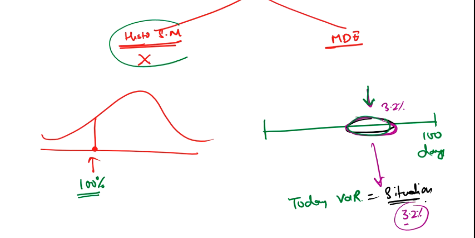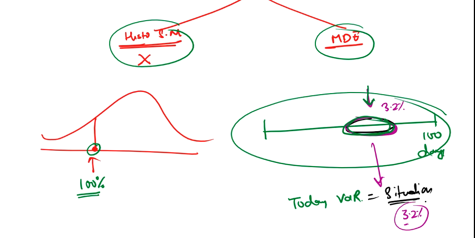Clear? The historical simulation gives 100% weight to a single data point, but multivariate density estimation understands the situation today, finds which period over the 100 has the same situation, and then uses that data to find out the VAR today.